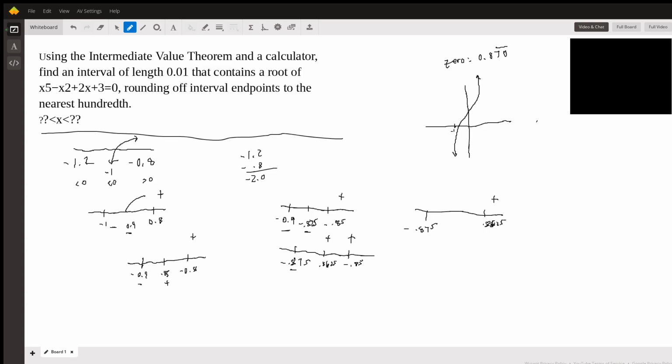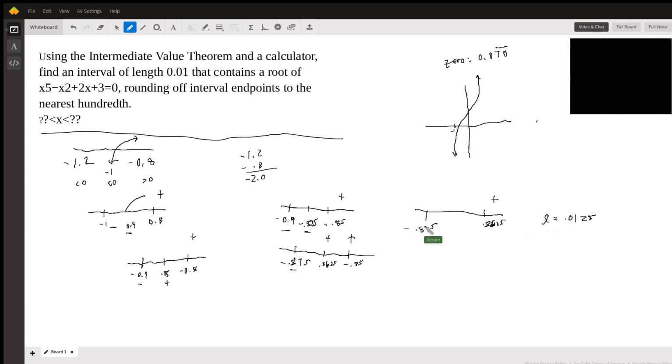Let's see, 0.875 minus 0.8625. Yeah, it's 0.0125. So the length here is 0.0125.